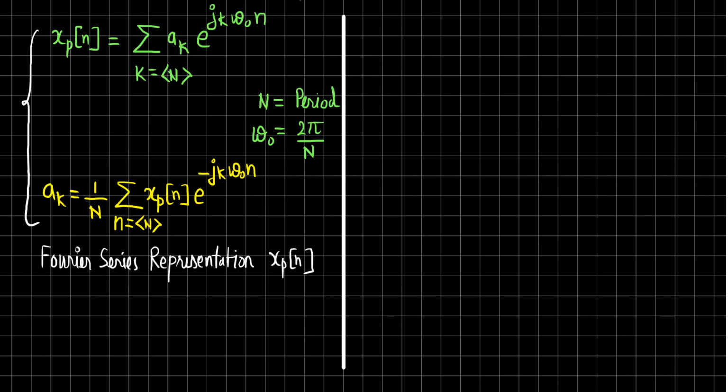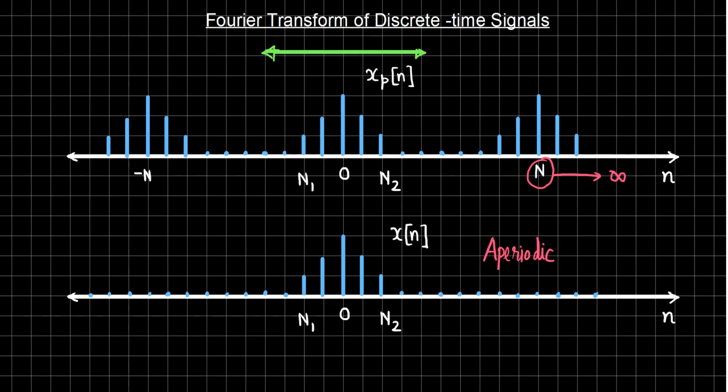So this a_k can be represented as a_k equals 1 by N summation over a period. As I said, I am choosing the period between these and this interval. You may see that the samples are non-zero only between n1 to n2.